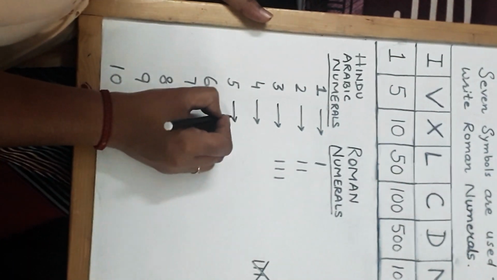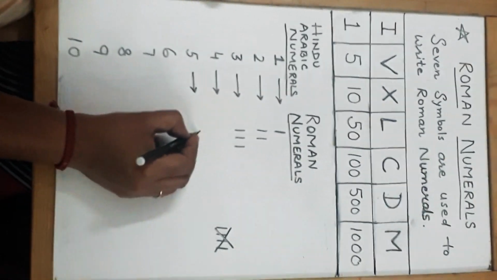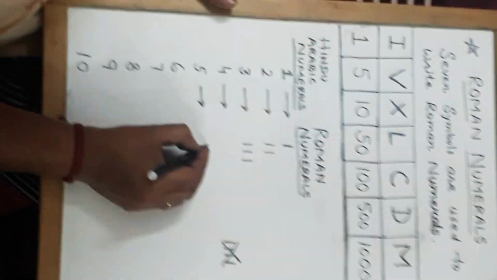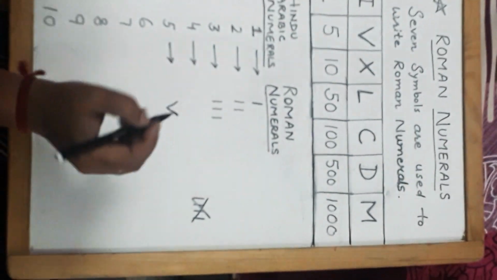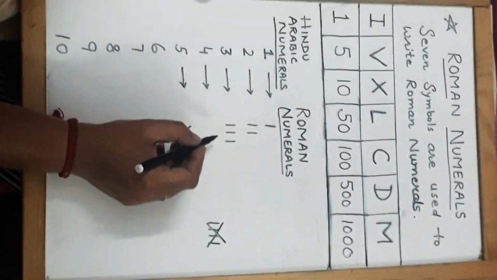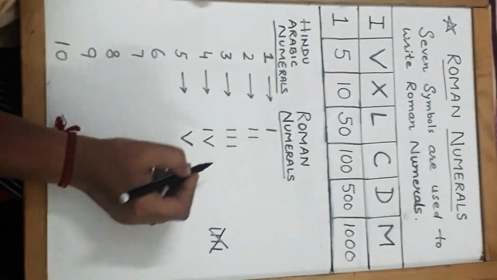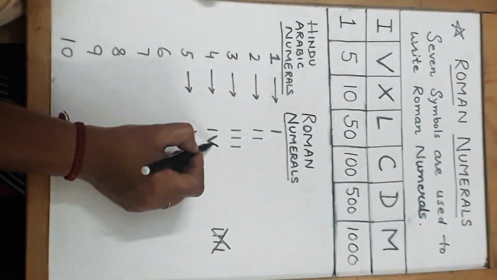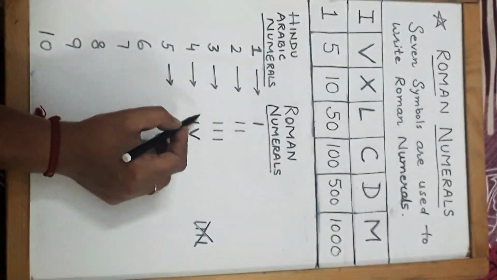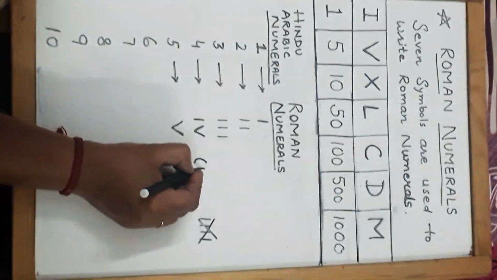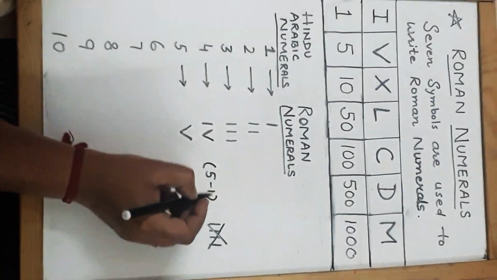So how do we write 4? For that we have to first of all learn how to write 5. The symbol of 5 is this V. Now in Roman numerals, if we write a symbol before a symbol, like this is 5 and I before 5, this is 5 minus 1, 4.